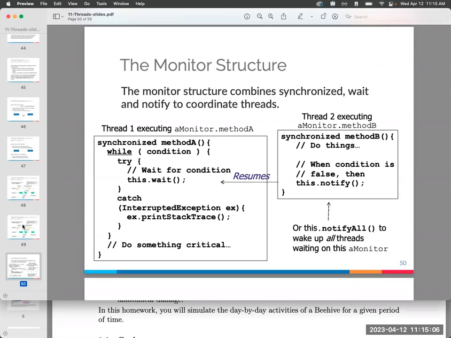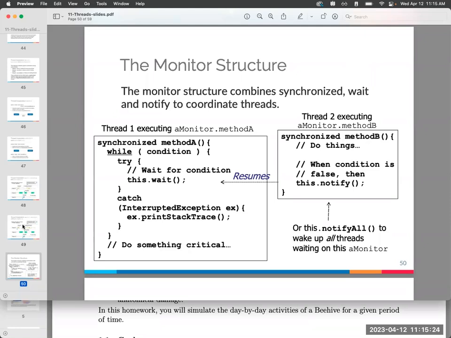This monitor pattern won't be referred to in the documentation, because it is more of a structure. The reason we use this nomenclature is especially because of the way we set up the homework.